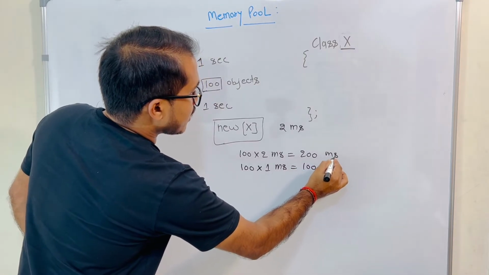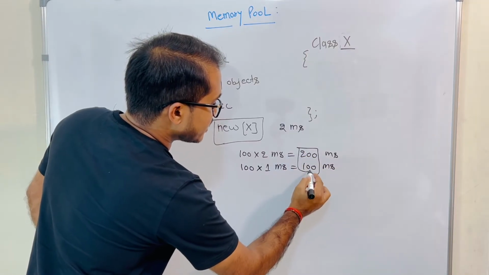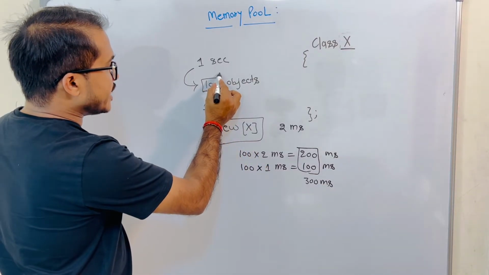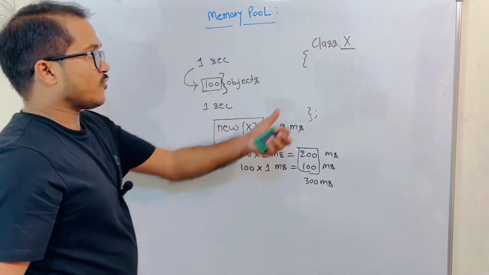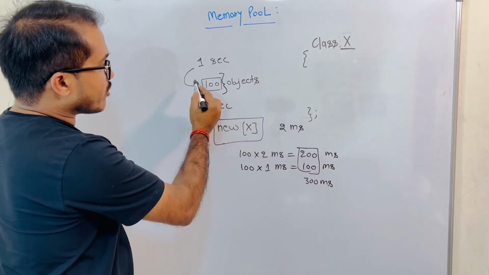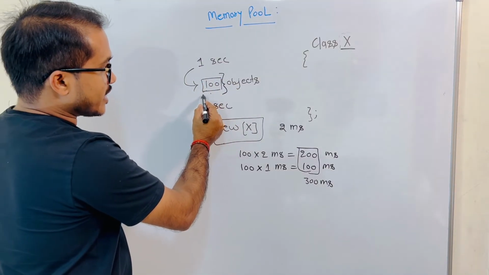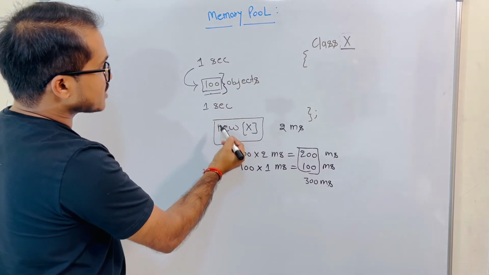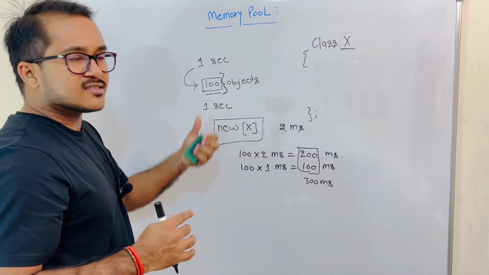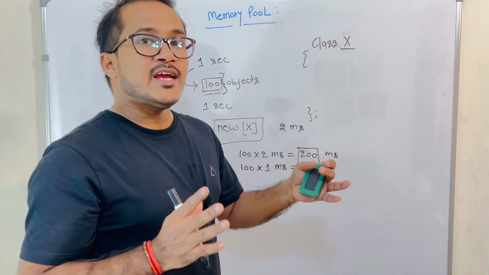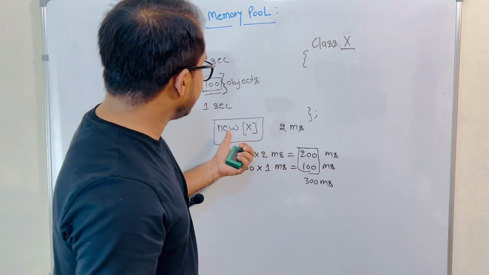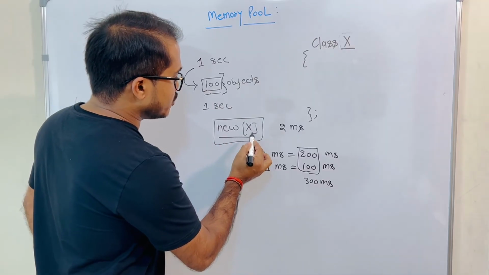In total I'll be spending almost 300 milliseconds out of this 1 second to allocate and deallocate memory for these 100 objects of class X. This is a huge amount of time, and if I do this repeatedly, the next second creating and deleting another 100 objects, and again the next second, this process takes very long and there can be latency issues in my system.